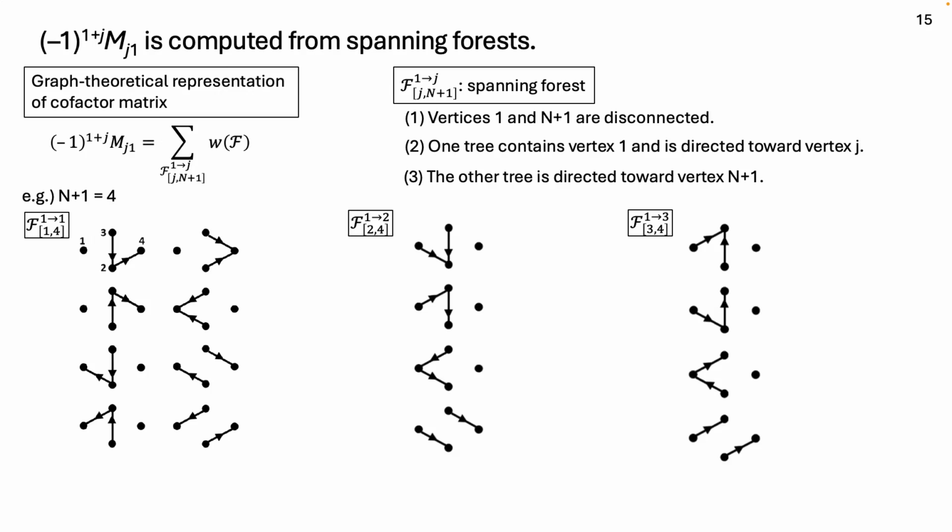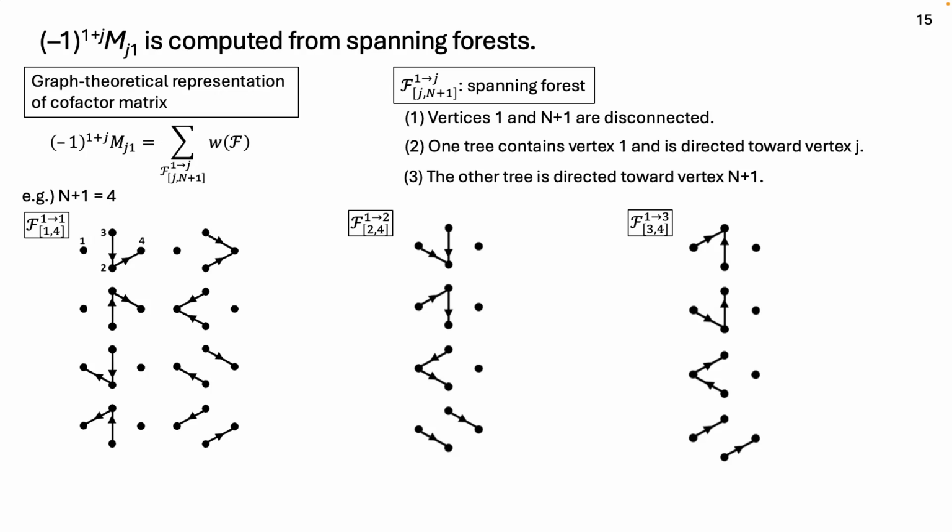And then one tree contains vertex 1 and is directed toward vertex j. For example, in this case, j is 3.